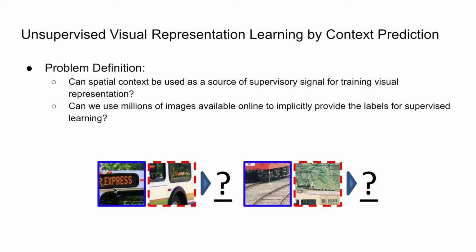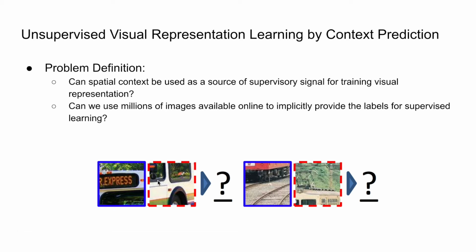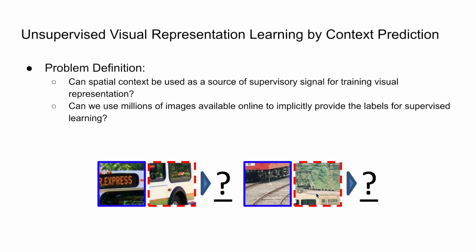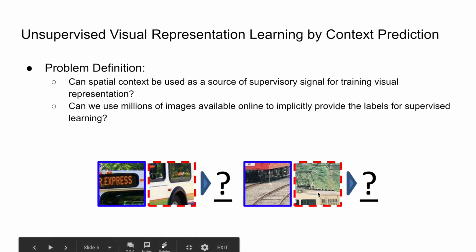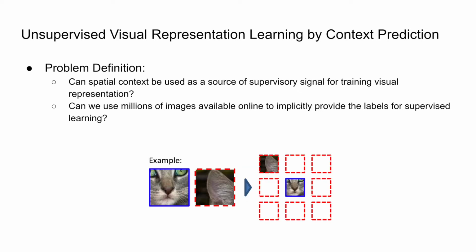As a human, it's easy to understand because by looking at the bus signboard, and the second patch shows the wheel, we can figure out that it's a bus, and the second patch belongs somewhere at the bottom right side of the first image. Similarly, for the second example, we can figure out by looking at both the patches that it's a train, and the second patch is top center compared to the first one. But can we train a neural network to do the same? This is what the paper is trying to solve.